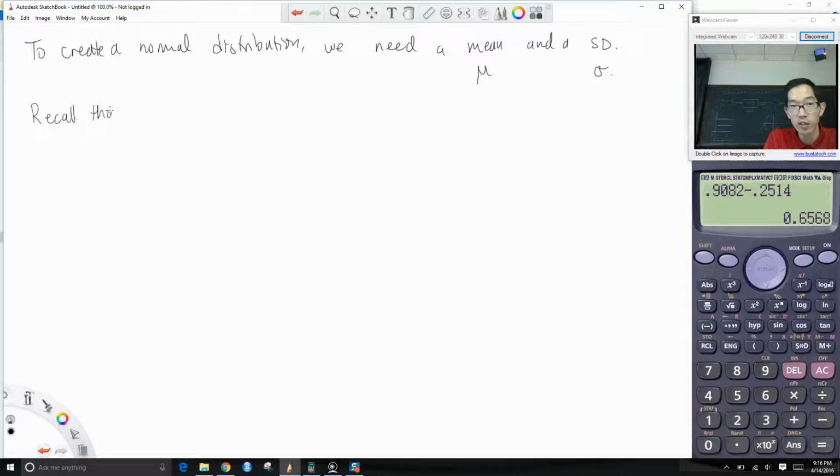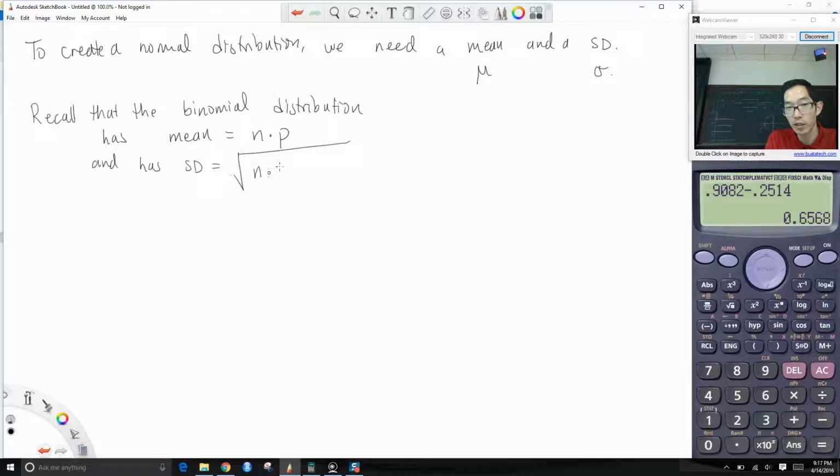So recall the binomial distribution, do you remember what the mean of a binomial distribution will be? It has mean equal to n times p and has standard deviation equal to the square root of n times p times 1 minus p.